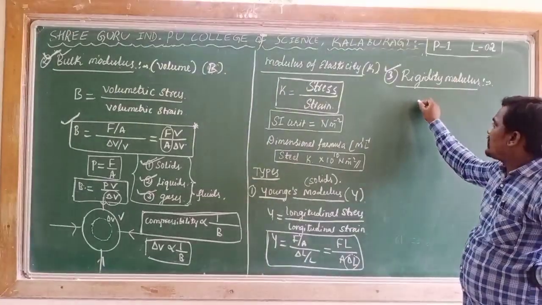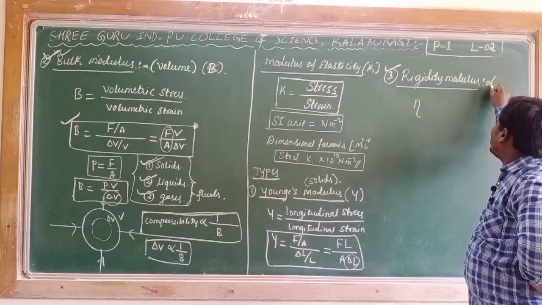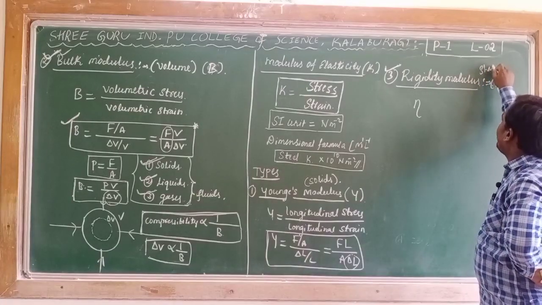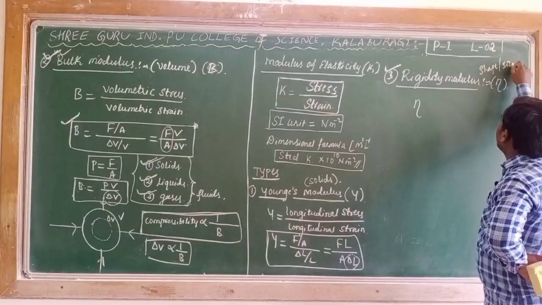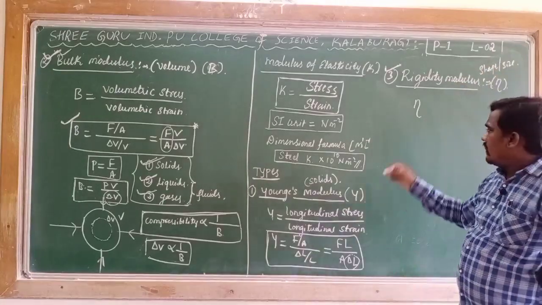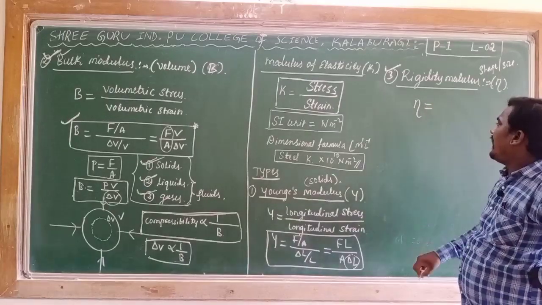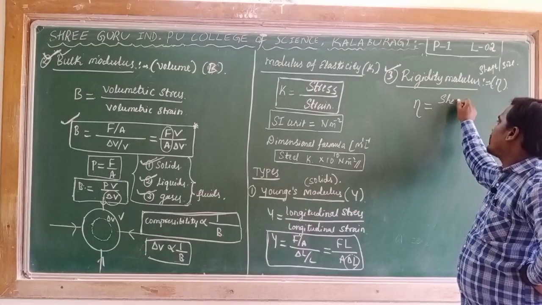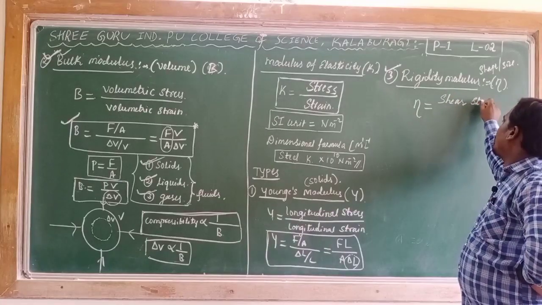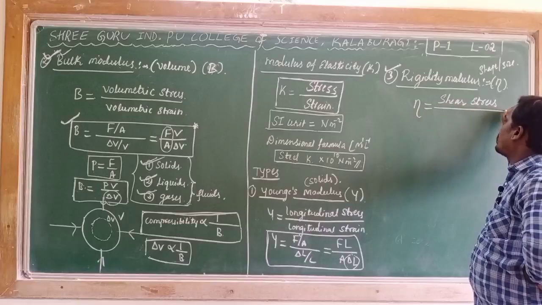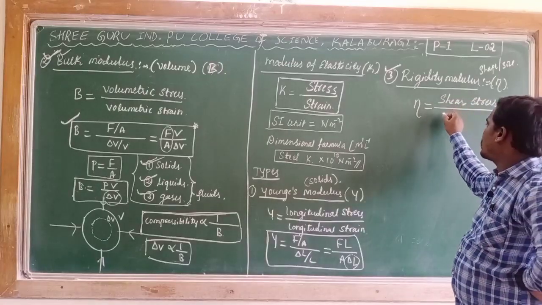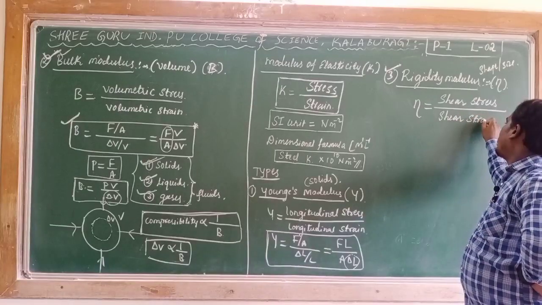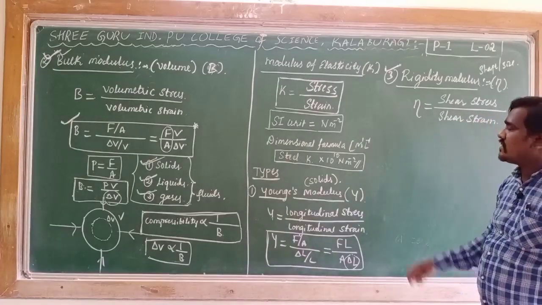The rigidity modulus is denoted by eta, and here we discuss the shape and size. Rigidity modulus is defined as the ratio of shear stress, or tangential stress, to shear strain, or tangential strain.